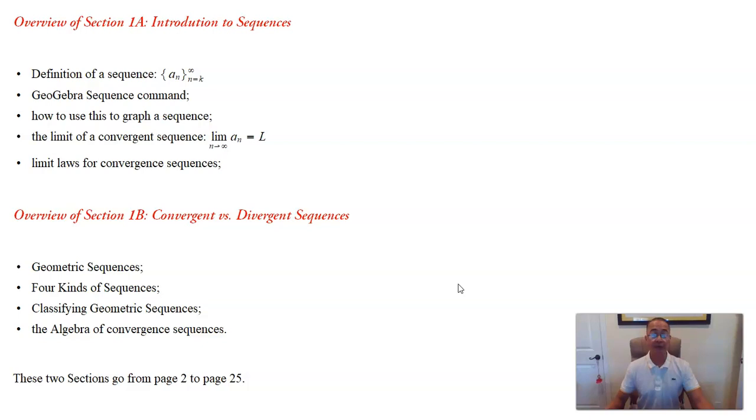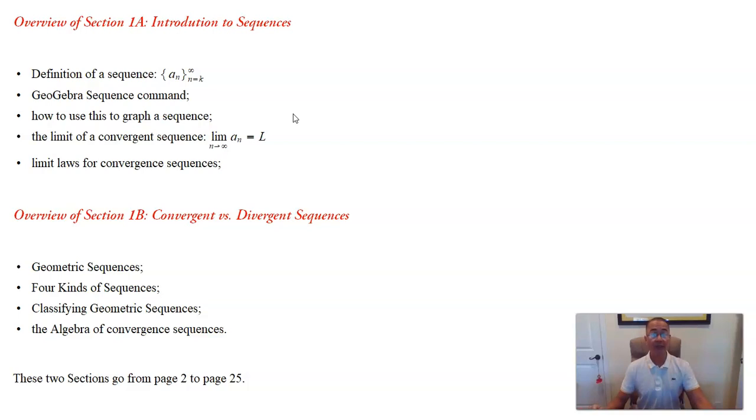So we will cover sections 1A and 1B. In section 1A, we will define what is an infinite sequence, and this is the notation for an infinite sequence. We will go to GeoGebra and we will learn the sequence command, which will enable us to graph a sequence. Very similar to the graph of a function, but they're just points.